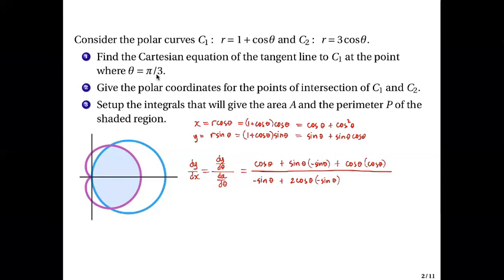And we want the slope of the tangent line at the point where theta equals pi over 3. So we have dy over dx evaluated at theta equals pi over 3. In the numerator, we have cosine pi over 3, that's just 1/2.